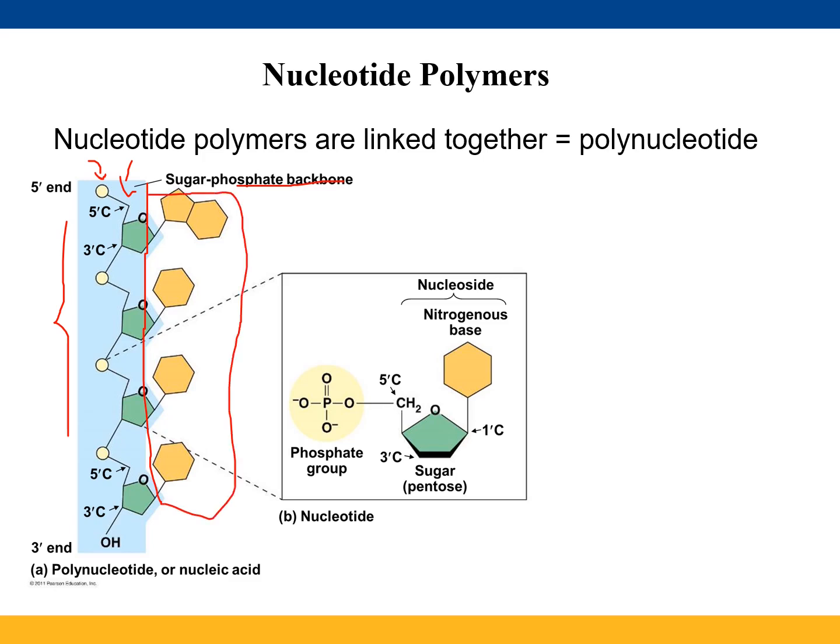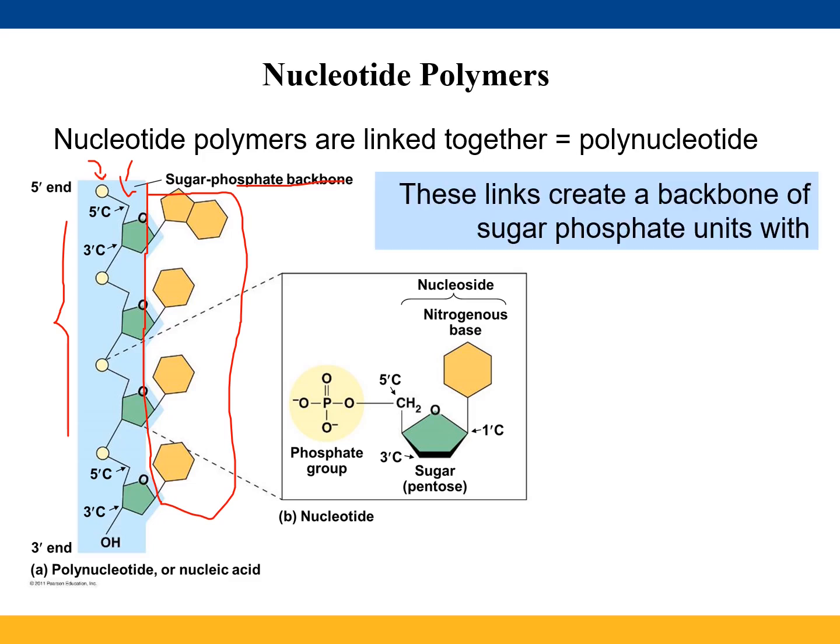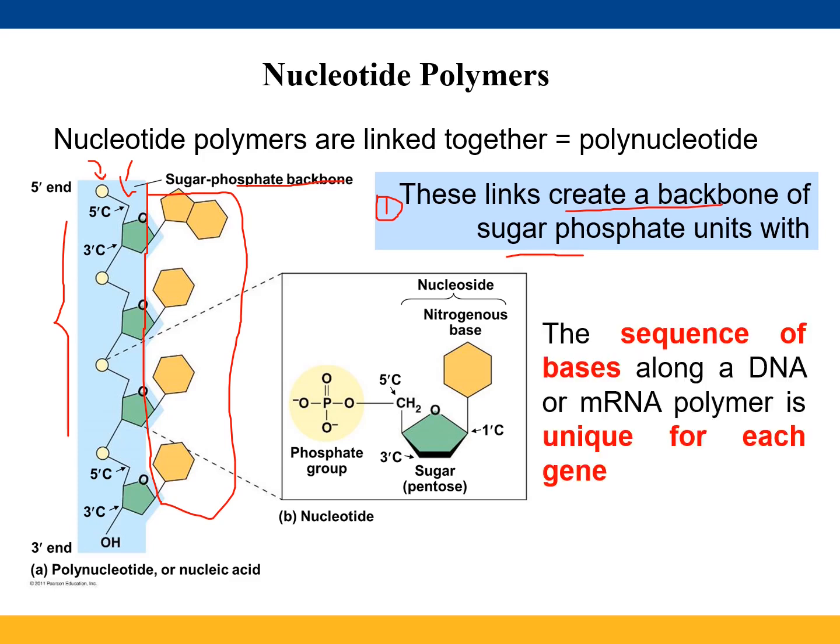You will find that each gene will have a different sequence of nucleotides in the DNA and in the RNA. This will create the uniqueness of each molecule. To summarize, these links create a backbone of sugar phosphate units, and the difference will not come from here. The sequence of bases of DNA and RNA will be the one that creates the difference for each gene.